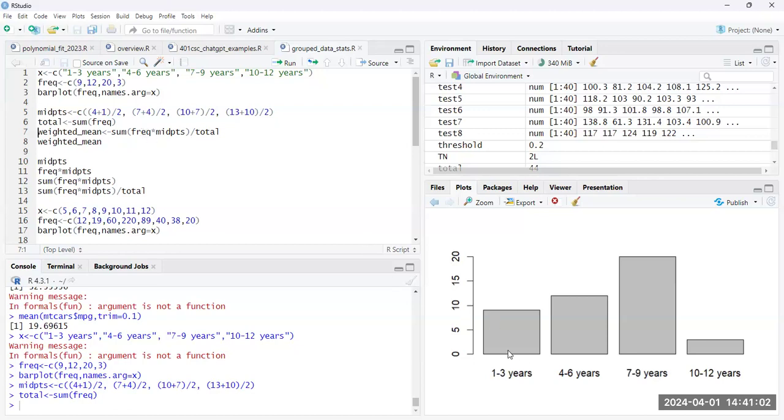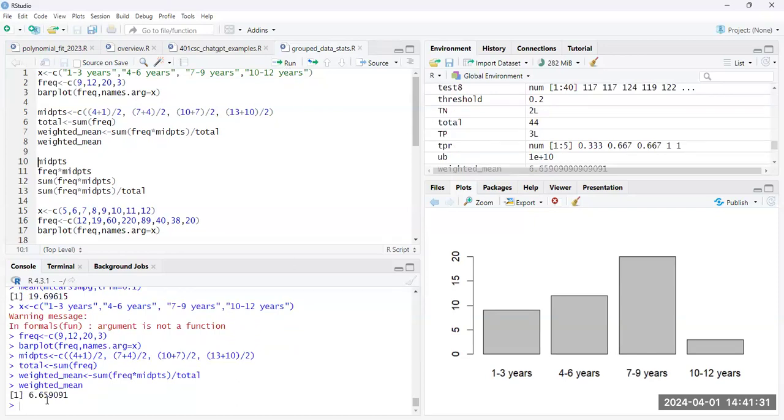Essentially we're imagining that in this first category my midpoint is 2.5 years, and there are 9 people in that bin, so I'm going to treat them all as if they're at 2.5 years. Again, that'll give me my estimate. So frequency times the midpoint gives me the weight for that bin, and then I divide by the total. Now if we print that to the screen, I get about 6.65.